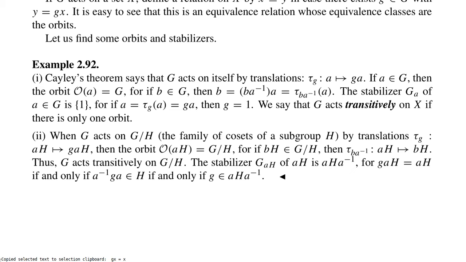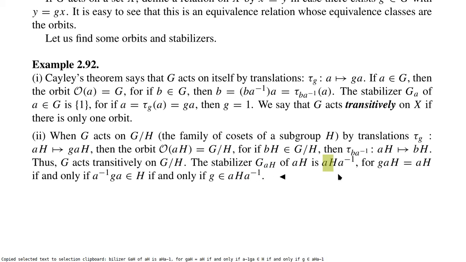And the stabilizer for this coset AH is going to be the conjugate of the subgroup, so A H A inverse, right? Because if you have anything else, like GAH has to be equal to AH, then this is only possible if, when you multiply A inverse on both sides, A inverse GA has to be in H. And that happens if and only if G is in here.